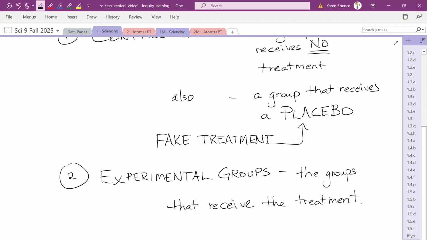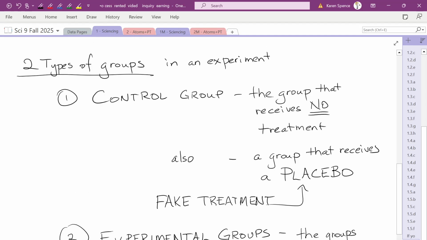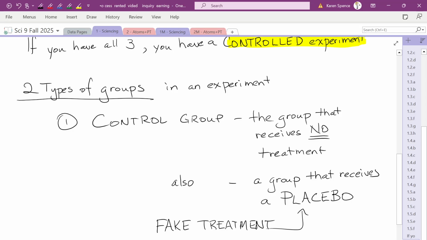Okay, we just got a couple minutes left. We're gonna finish this up. Got a couple things left here. And the first one is some alternate words for these terms. You can say that you have a control group.